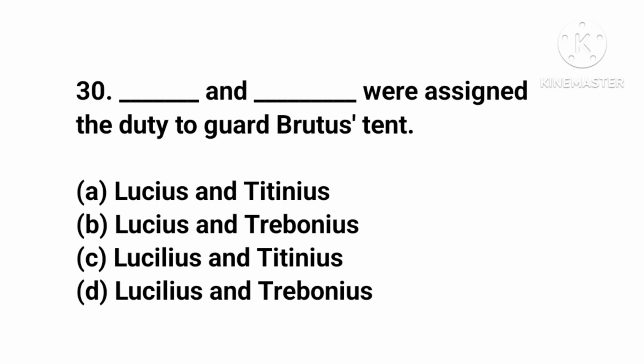Or option D, Lucilius and Trebonius. So tell me, who was given charge, who was placed in charge of the duty to guard Brutus's tent when Brutus and Cassius would have a private talk?